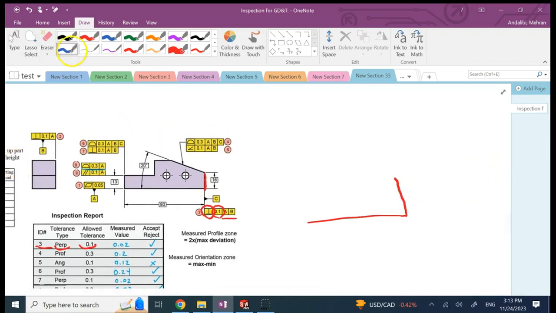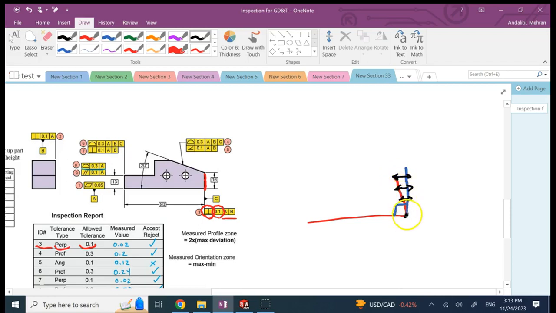And when we measured with respect to the true perpendicular surface at 4 points, we measured here, here, and here maybe, and we measured these deviations.